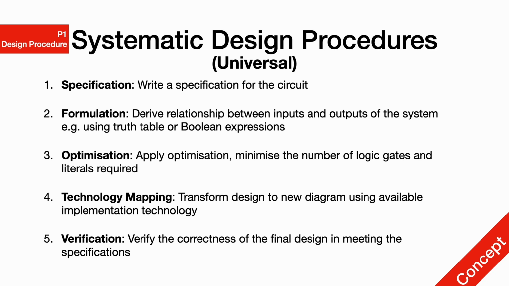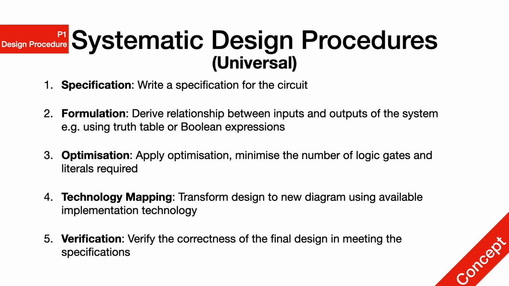Followed by formulation, you would obviously already have either a truth table or a set of Boolean expressions, which basically maps out the relationship between your inputs and output ports. The next thing you will need to do is to apply optimization on either the truth table or the set of Boolean expressions.